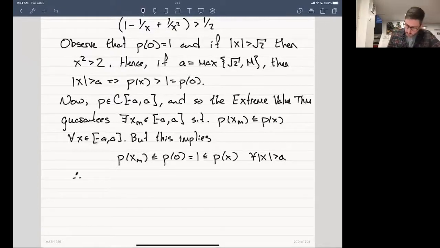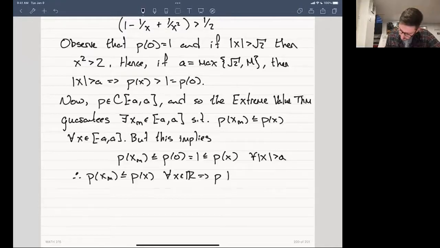Therefore, it works for all x inside the interval. It works for all x outside the interval. Therefore, p of x little m is less than or equal to p of x for all x in R, which implies p has a minimum value.